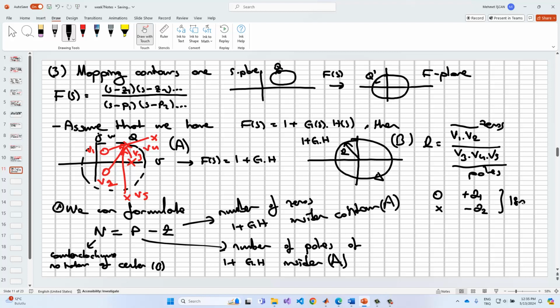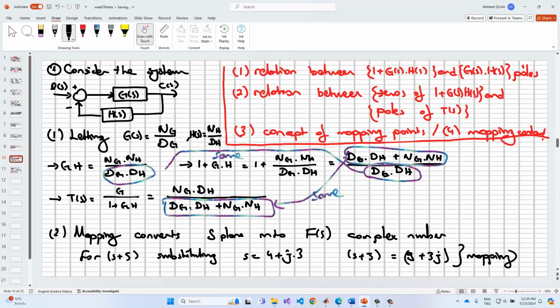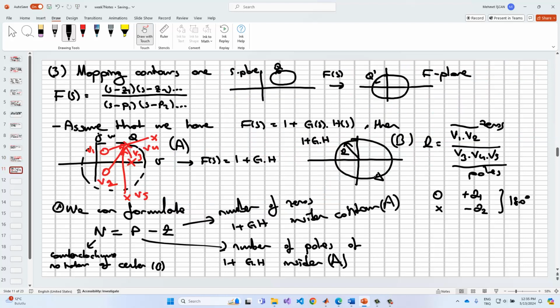And so the concept is simple. 180 degrees must be satisfied for these conditions in the root locus, but in the frequency analysis we can just use these zeros and these poles, and the open loop poles and the closed loop poles must be equal to each other. And so if we have the total rotation of these terms in the frequency domain, not just the angle one, if we calculate this formulation, then we can talk about the stability of your system. This is the Nyquist criteria, guys.